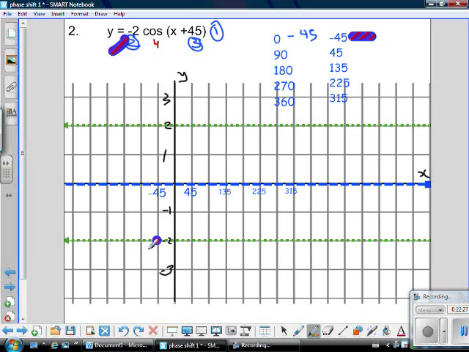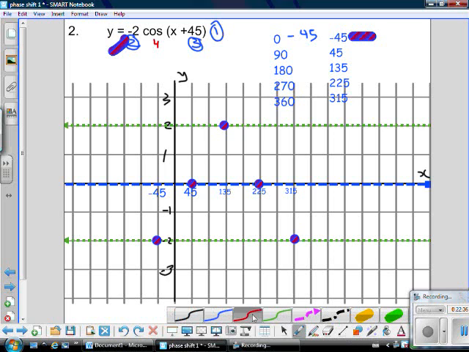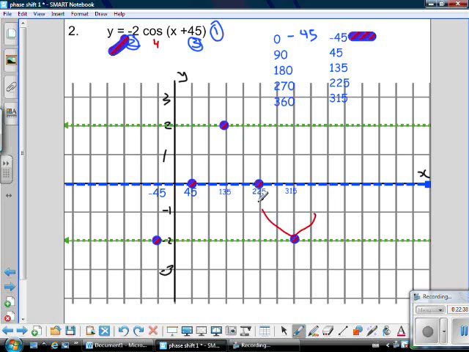Every time we cross a dotted line in one of our angles, we put a dot, ping-ponging around. There we go. And it's a matter, again, of drawing a nice smooth curve through them. And you've got it. So it's not that the graphs look any different today. All it is, we've moved them completely left or right. So that's really all that's happened there.